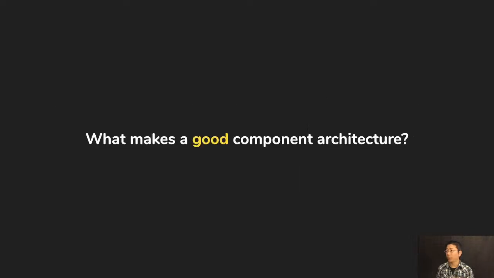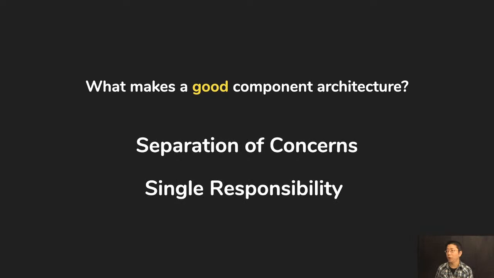Now the question is: what actually makes a good component architecture? There are a lot of principles and standards. What I found most useful, or what's been talked about the most, are two principles: separation of concerns and single responsibility. Those are two very abstract words, and we'll see what they mean. I think everybody has some understanding of them.